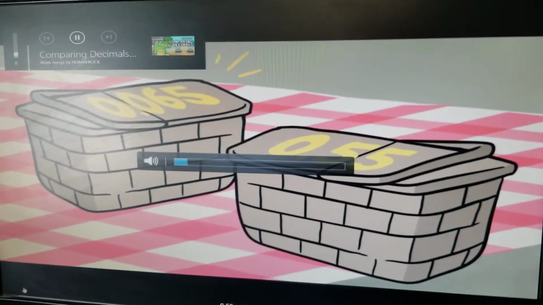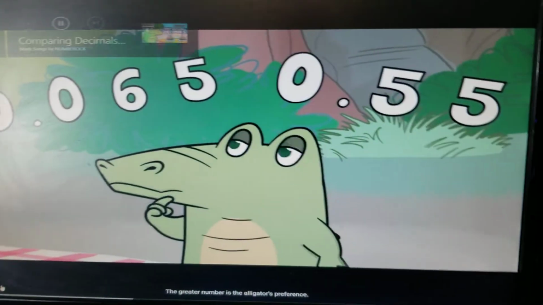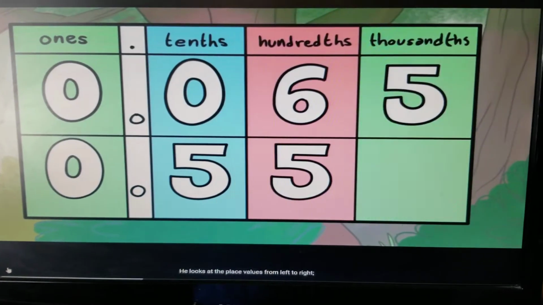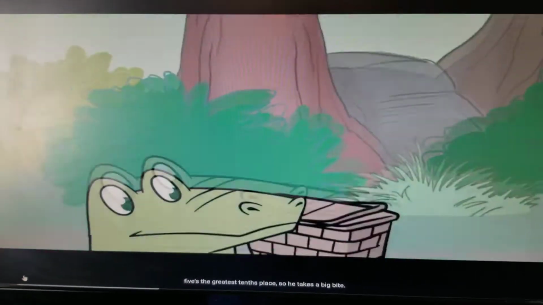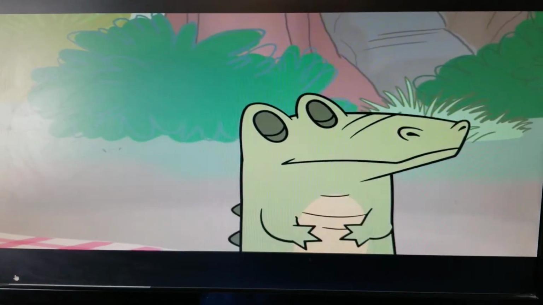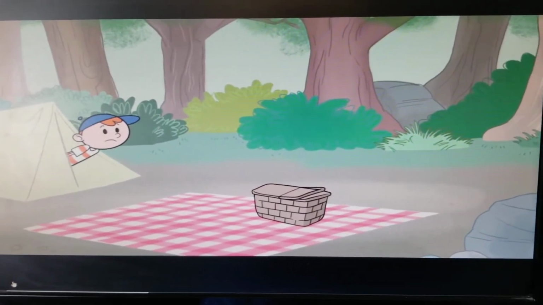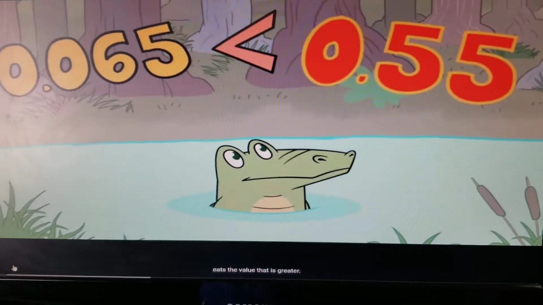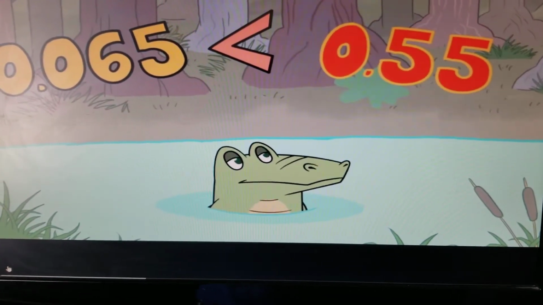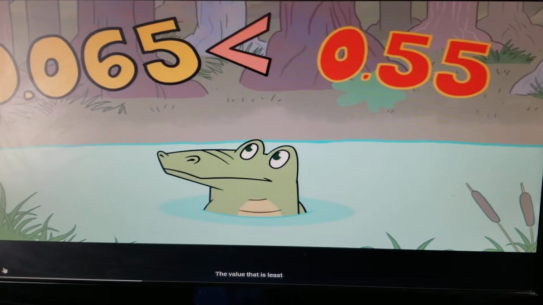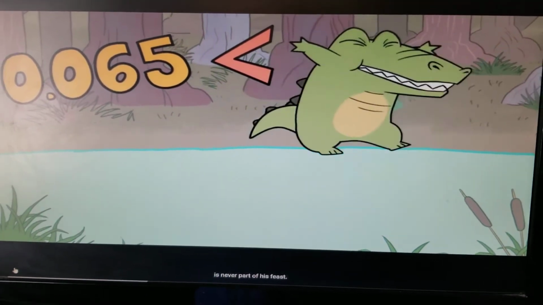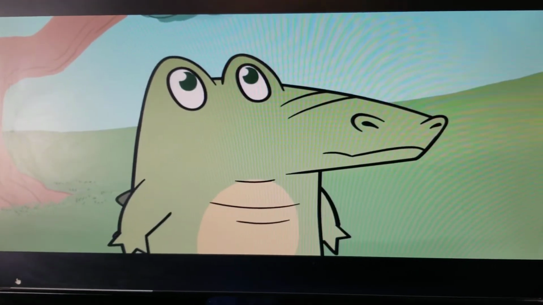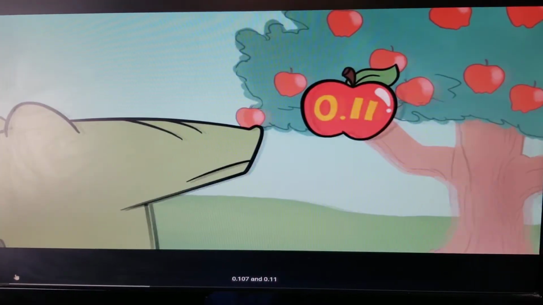The greater number is the alligator's preference. He looks at the place values from left to right. Finds the greatest tenth place, so he takes a big bite. The hungry alligator eats the value that is greater. The value that is least is never part of his feast. 107 thousandths and 11 hundredths.